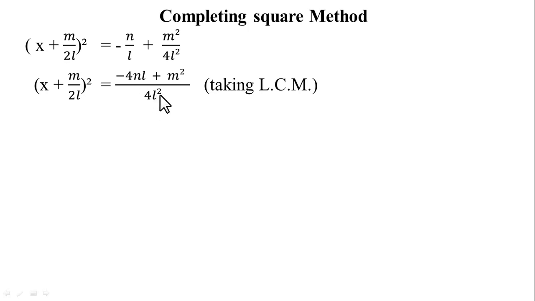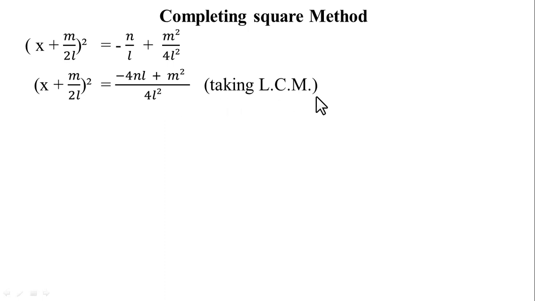Here L is cancelled out by L, so remaining is 4L. 4L multiplied by minus n gives minus 4nL plus m square. Now we write that x plus m over 2L whole square is equal to minus 4nL plus m square divided by 4L square.